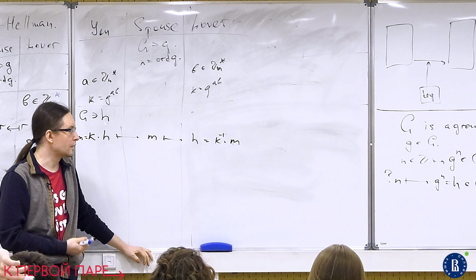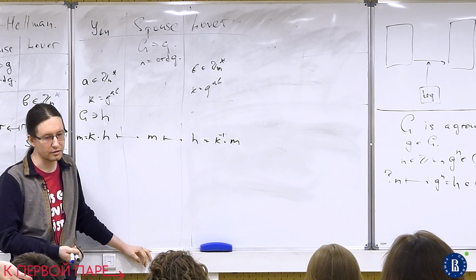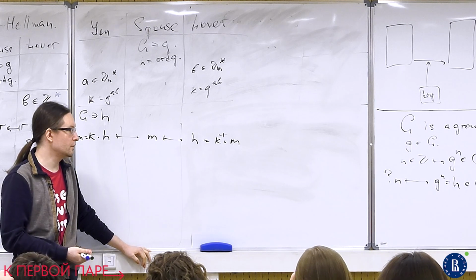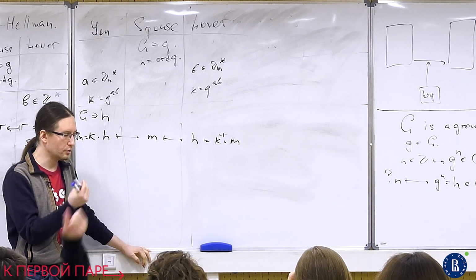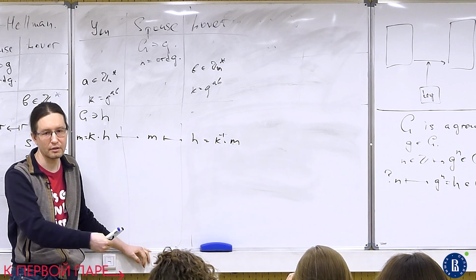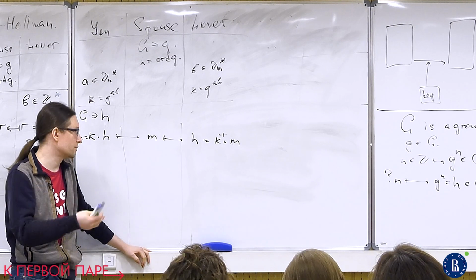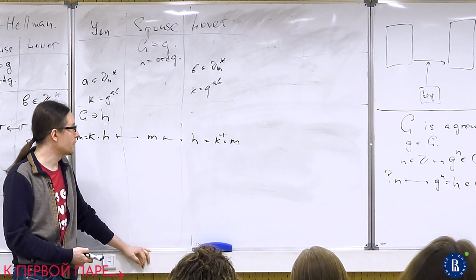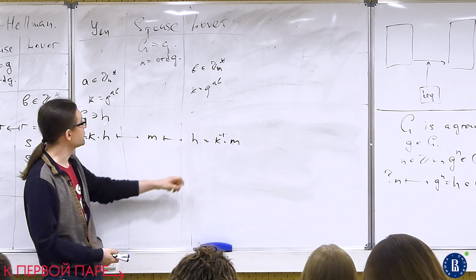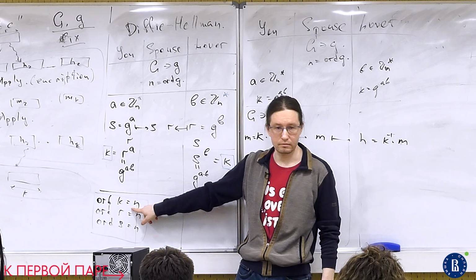Now, how to compute the inverse element? Sometimes it's easy. For example, if you're given a group where you know the exact rule how to compute the inverse element, you just apply this map, and usually this map works quick enough. But there is a universal way, because you know the order of the element K is n.